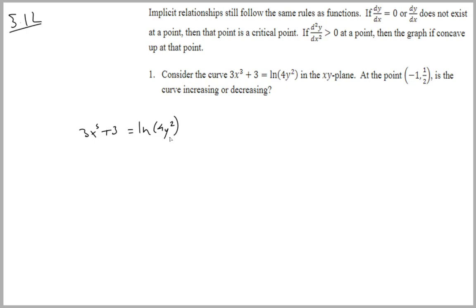So let's differentiate it. On the left it'll become 9x², because the 3 becomes 0, and we just do the regular power rule.